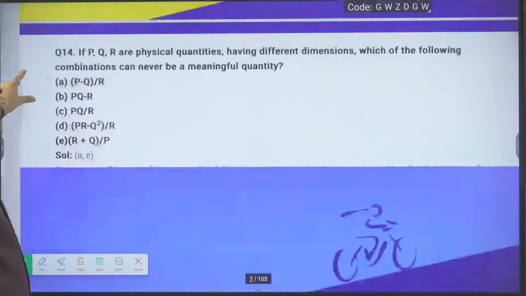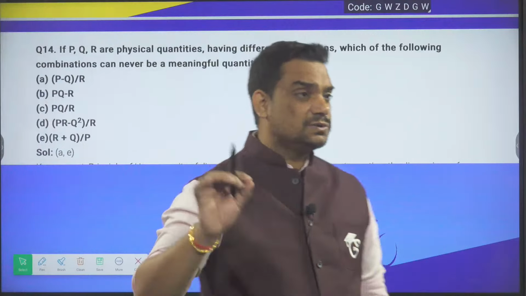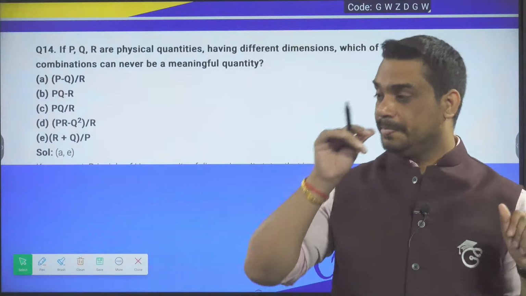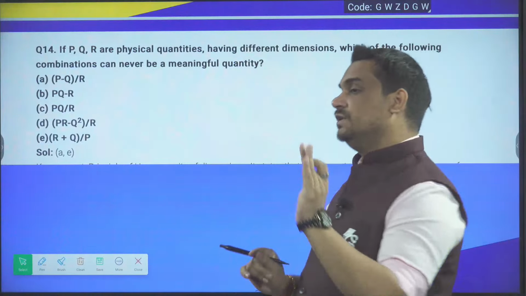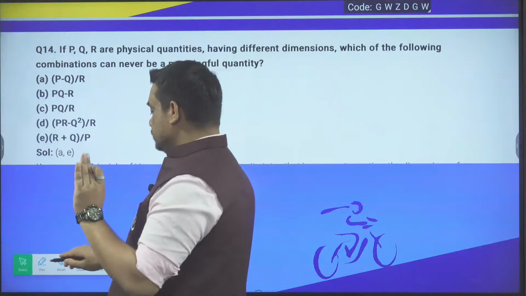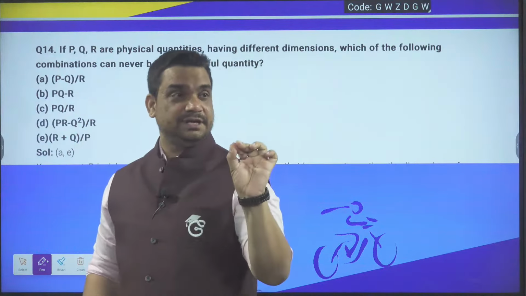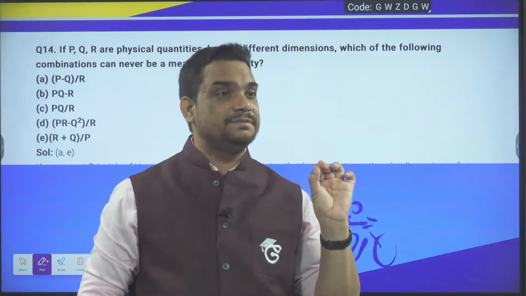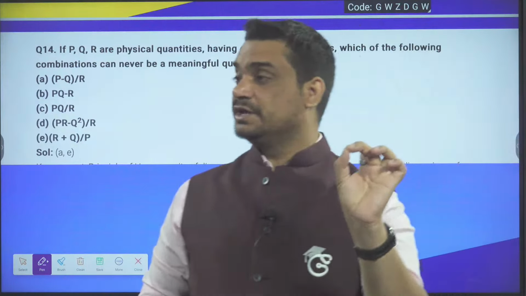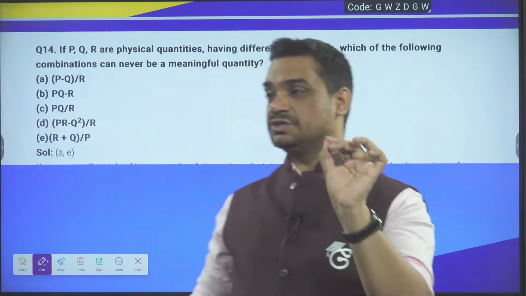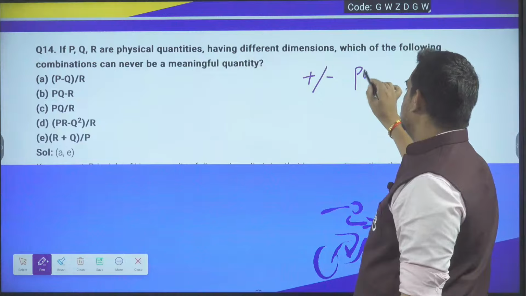Coming to this question, a very important question. P, Q, R are physical quantities having different dimensions. Direct plus or minus is only possible between quantities of the same dimension. So plus and minus are possible only between the same dimension.